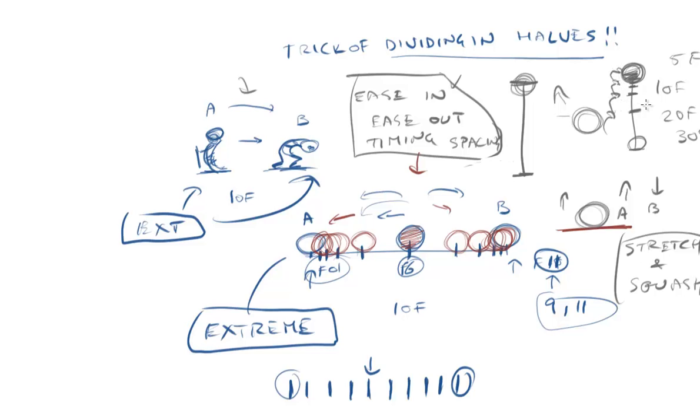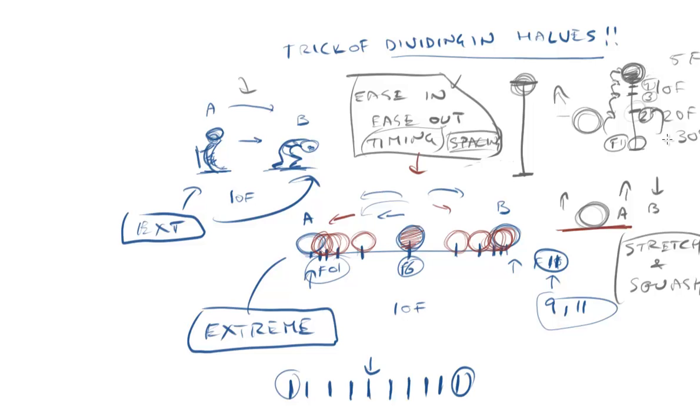By doing this, you don't have to worry about the spacing, because we know where the ball is gonna be, and you don't have to worry about the timing, because we know what frame this is gonna be. If this is frame 1, then this is gonna be frame 2. That's pretty obvious. And then this is gonna be frame 3, frame 4, frame 5, frame 6, frame 7.